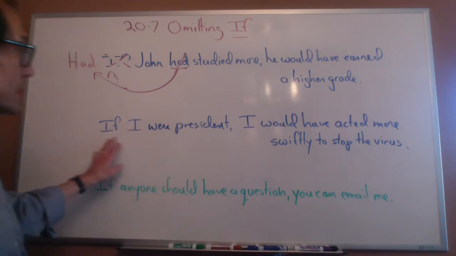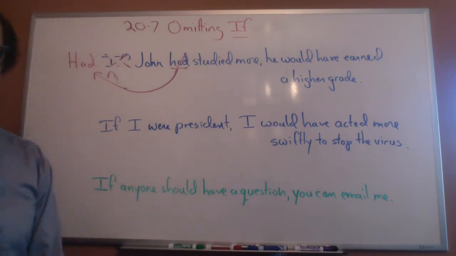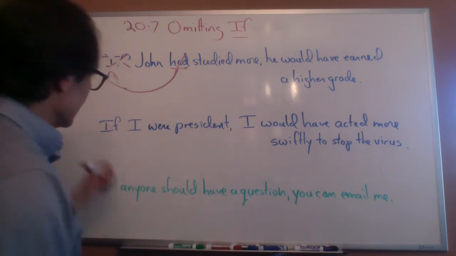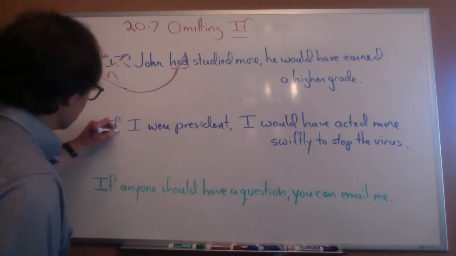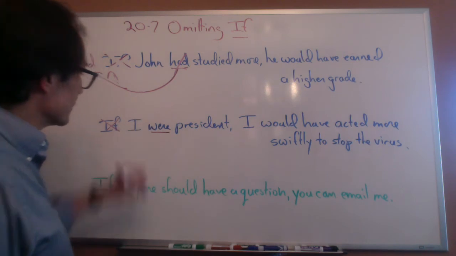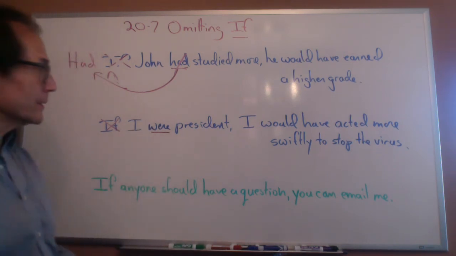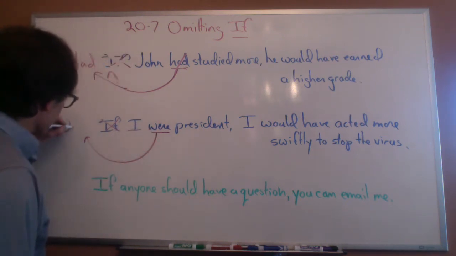Let's take a look at this. If I were president, I would have acted more swiftly to stop the virus. Again, the way I do this is, I get rid of if, and I move the first word of the verb to the front. Here, there's only one word in the verb, so that's the one I'll move to the front.